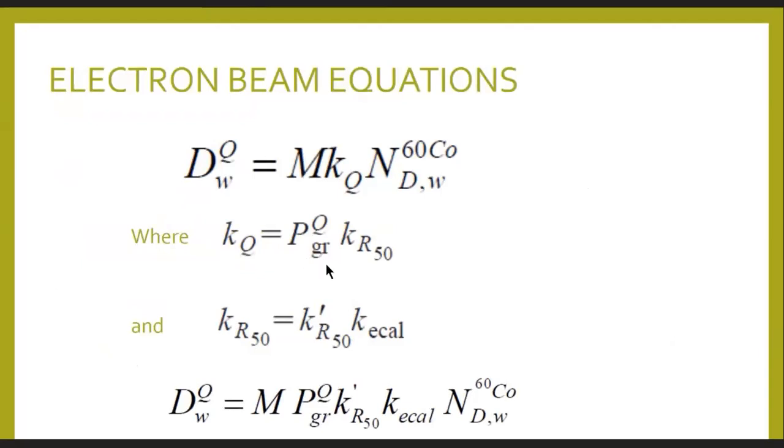They have moved out the gradient correction factor, so KQ here is equivalent to the gradient factor multiplied by KR50, and KR50, which is the electron quality correction factor, is equal to KR50 prime times Ka cal. We'll explain these quantities later, and we end up with this formula at the bottom, similar to the one we have in photons, except for the differences in how to calculate the beam quality correction factor.